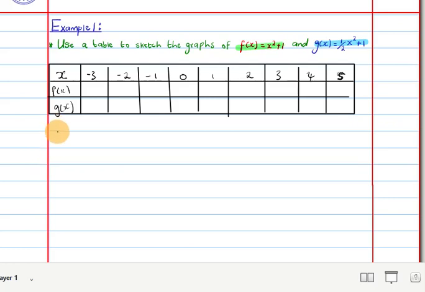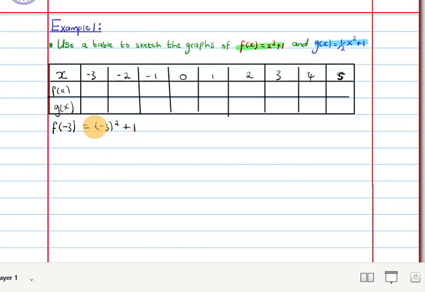So I'm going to plug in a few values. Where you see x, I replace it with -3. You square it, you add 1.